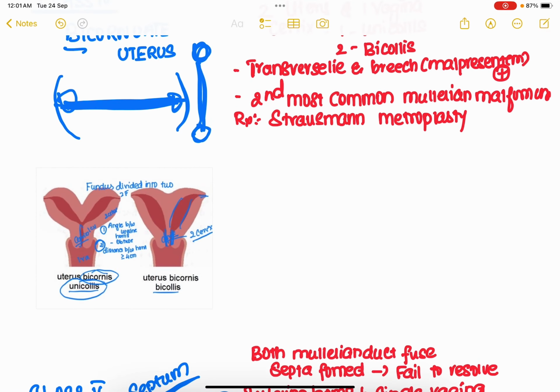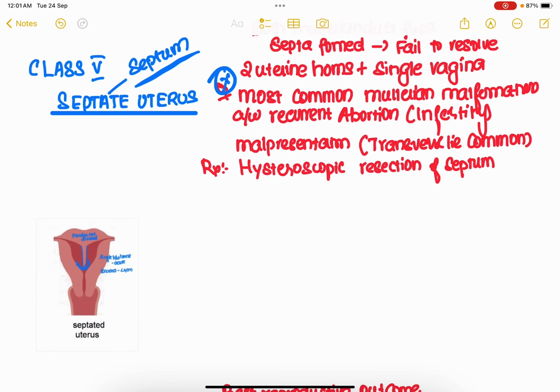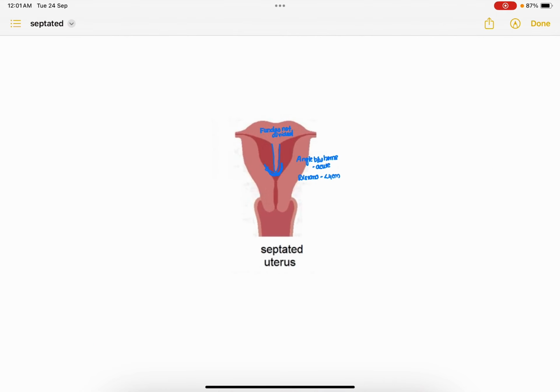The other difference is that the angle between the two uterine horns is obtuse in the bicornuate uterus. That is, the distance between the two uterine horns will be more than 4 cm because of failure of fusion. But in septate uterus, the problem is not with fusion. The problem is only the presence of the septum. Therefore, the fundus will not be divided, and the angle between the uterine horns is acute. That is, the distance between the uterine horns is less than 4 cm.